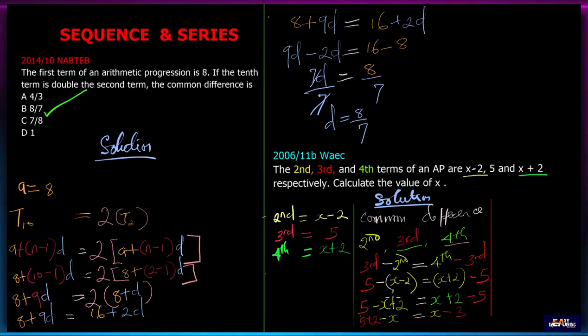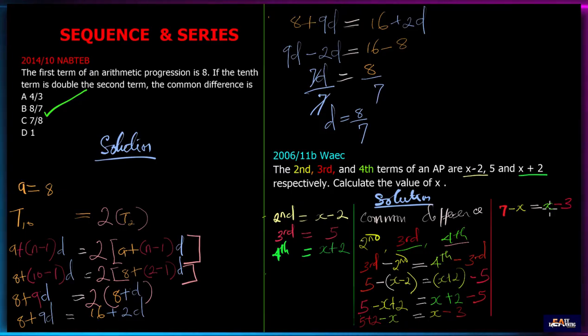Adding this up, 5 plus 2 gives us 7, minus x, and that equals x minus 7.